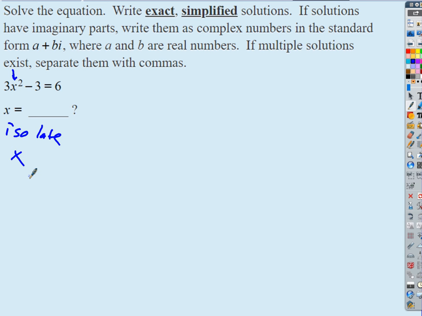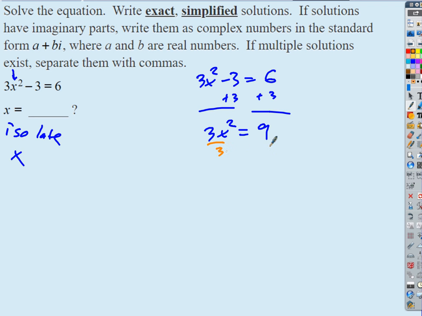To isolate x, you add 3, then divide by 3, then you square root. Very good. Okay, the steps are: I'm going to add 3, then I'm going to divide by 3, and then I'm going to square root both sides. So in that order, if I add 3, I get 3x squared equals 9. I divide by 3, and I get x squared equals 3.